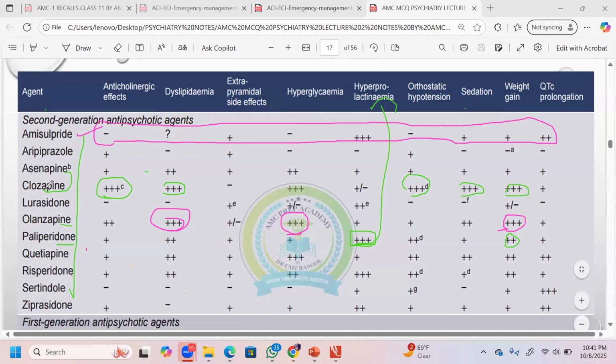Quetiapine and other drugs also have less, but amisulpride has among the fewest adverse effects. Doctor, does it make sense? I know it is hard to memorize all these drugs at this spot, but one by one you can go through it in your own time. Does it make sense, doctors? Are you guys with me or sleeping?